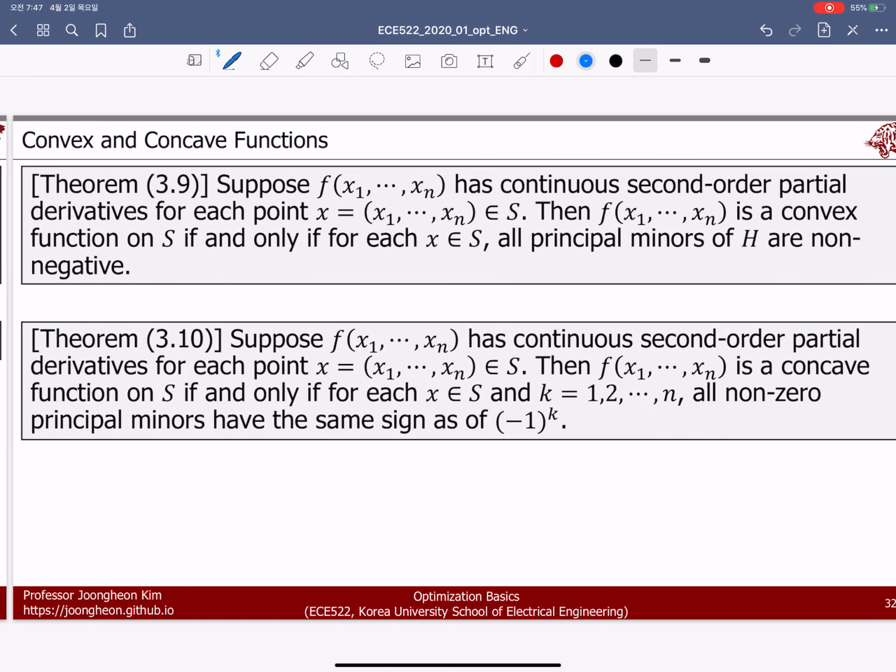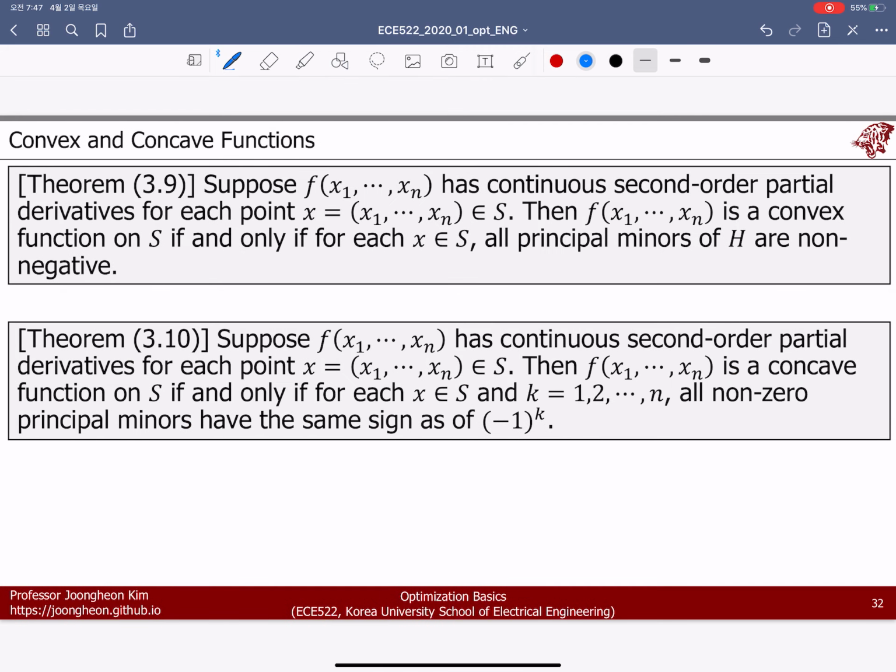Okay, now this is the most important slide, I think, in this lecture. So up to now we want to calculate a first principal minor, second principal minor, a third principal minor, and so forth in a given Hessian matrix. When you calculate these principal minors, if all principal minors are non-negative, then in that case we are saying that this is convex.